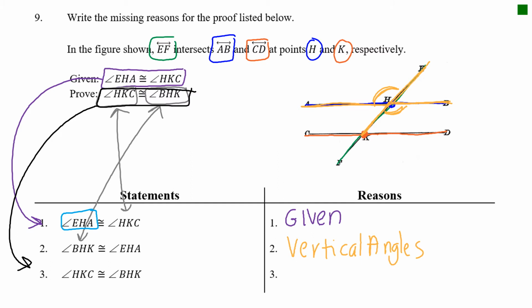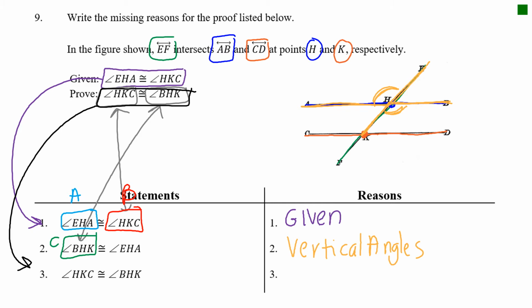Okay, I'll call that angle A for short. Okay, we're saying that it's congruent to HKC. Okay, that's a different angle, so I'll call that angle B. In the second statement, we go ahead and we use a different angle, BHK. So I'm going to call that angle C.